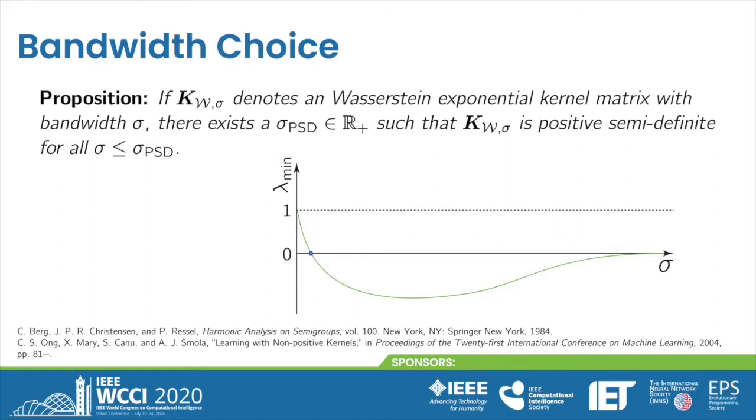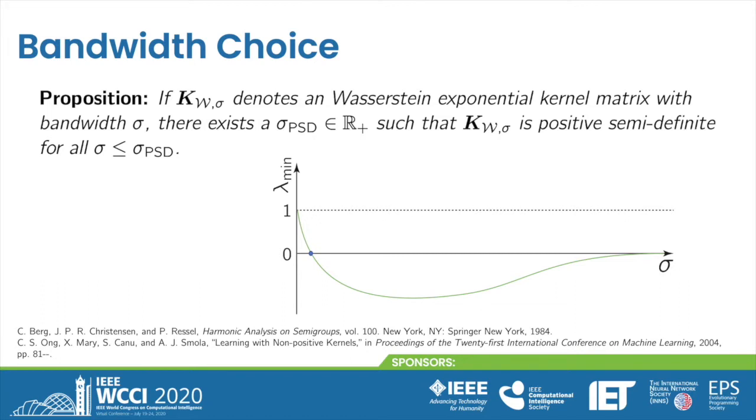Well, we have shown a small result that shows that there always exists some interval of bandwidth that leads to a positive semi-definite kernel matrix. And the idea to prove this is quite simple. You just have to show that in the limit to 0, you will get a kernel matrix which will be the identity matrix. So all the eigenvalues will be 1, including the smallest one. And in the limit to infinity, you will get a kernel matrix only consisting of 1s.